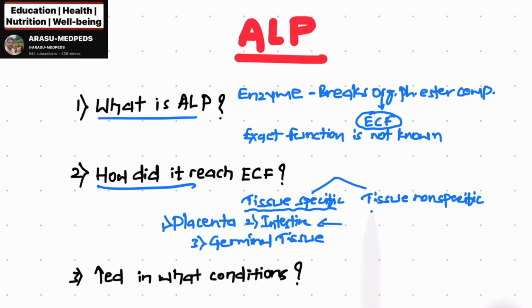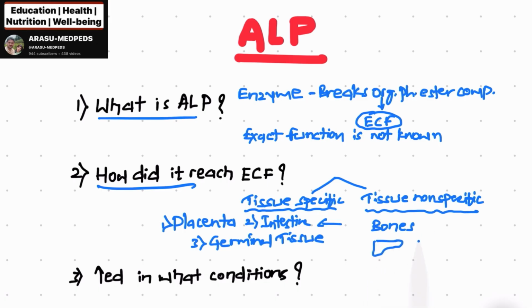Whereas when we discuss the tissue non-specific source of ALP, mainly it is distributed everywhere, but most often it is seen over bones and in the cytosol and the surface of hepatocytes.